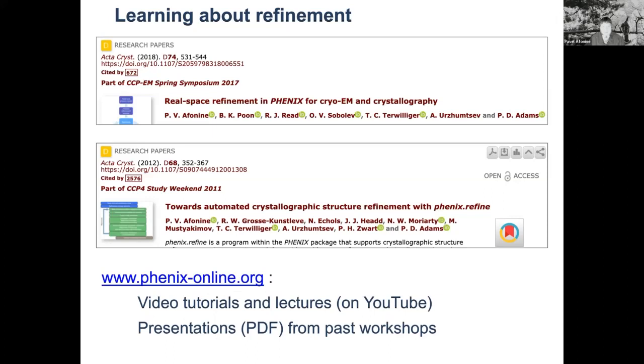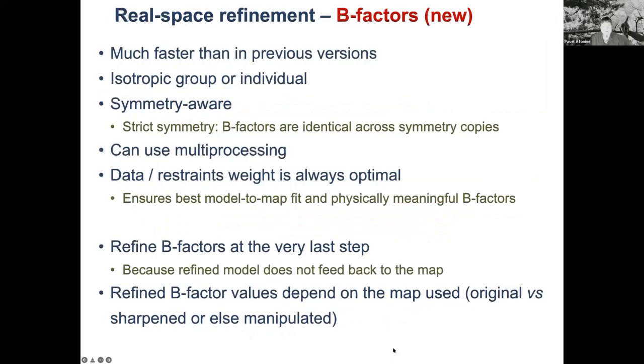They are typically easy to follow, like 5 minutes long or slightly less or longer. A ton of presentations in PDF, basically the talks from past schools and workshops, and they also cover most topics.